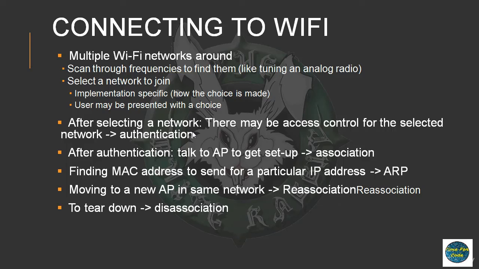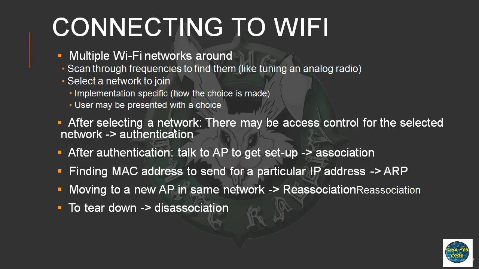So you're not changing your IP address when you're moving around within the same network. You just need to handle things at layer 2 to reassociate with the corresponding new access point. And then once you do that, you're good to continue with communications.